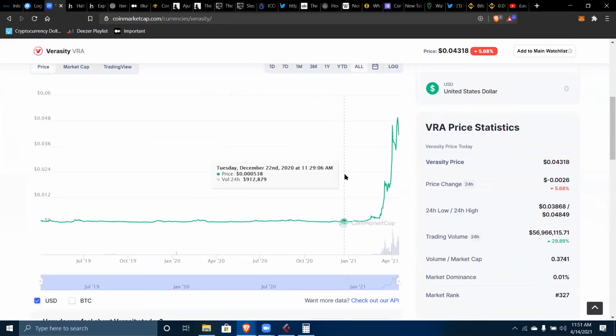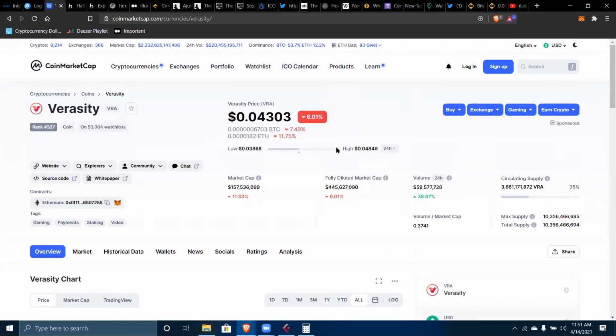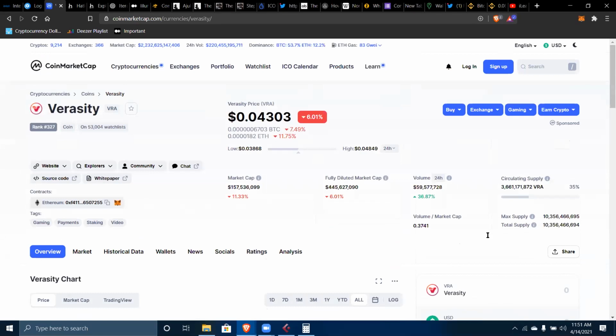Someone entered my DM, one of those in our paid group, saying the $100 used to buy VRA is now, was it 2,000 something dollars? We've been holding for a long time, and we're still holding because VRA still has a lot of upside potential. So I feel like this is also a good one.